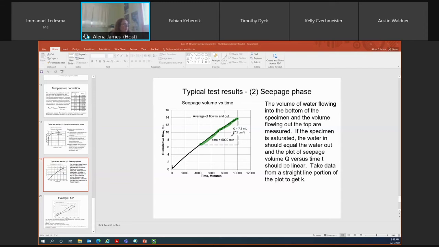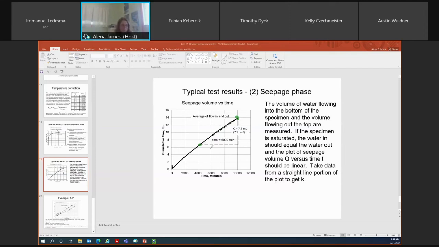My Q value over that time period, I determine by taking the difference between my Q value at this data point here and my Q value at this data point here. My Q value at this data point is around 13.8 millimeters, and my Q value at this data point is about 6.3 millimeters.